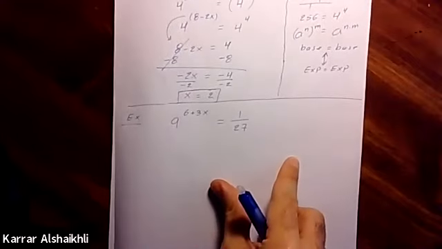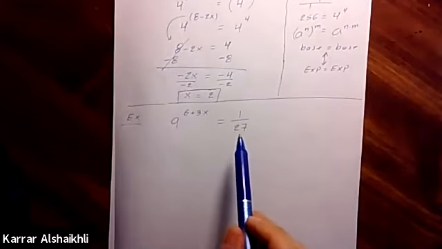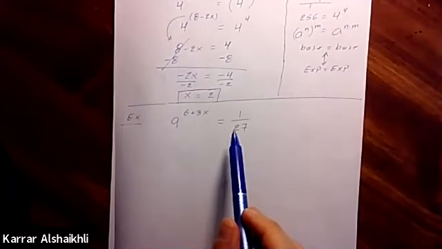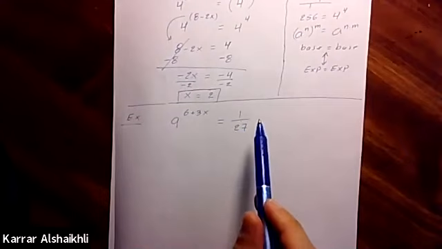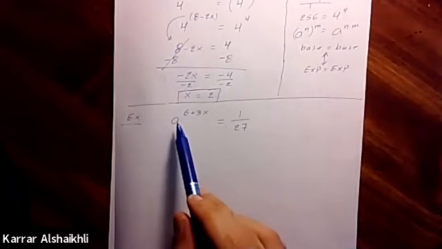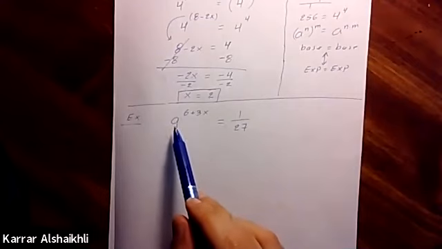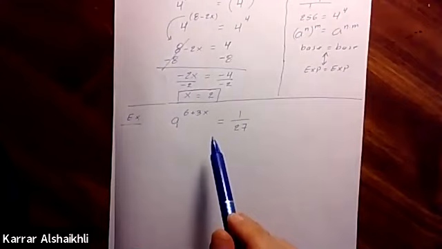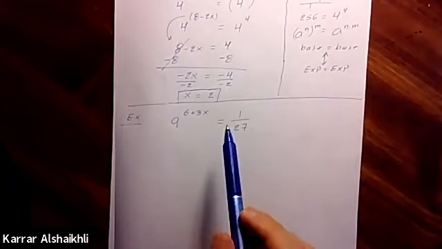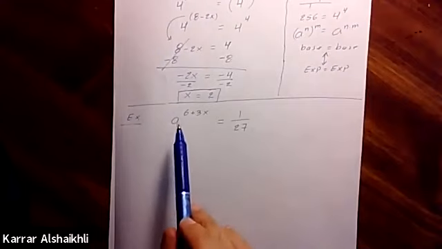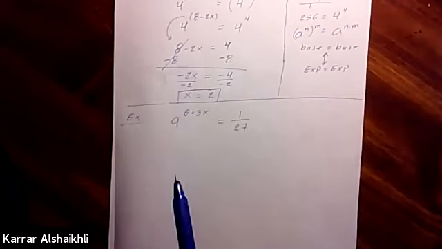But if you check the new example, I can't write 27 as 9 to an exponent, and I can't write 9 as 27 to an exponent. So what I'm going to do here is analyze both sides.